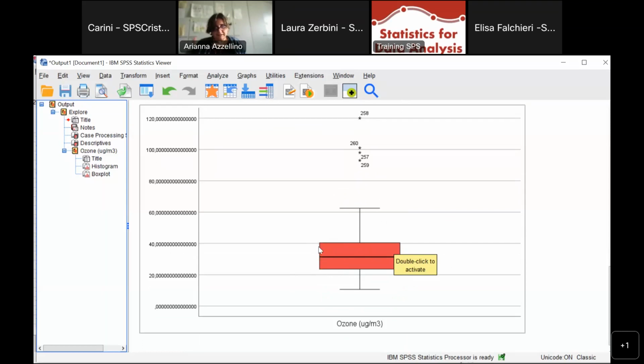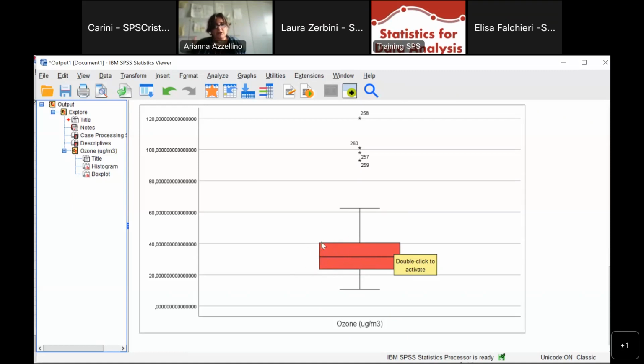So the box height is the interquartile range, which is a non-parametric measure of variability. Within the box, by definition of percentile, we have 50% of the data.